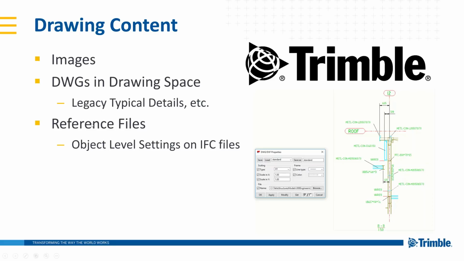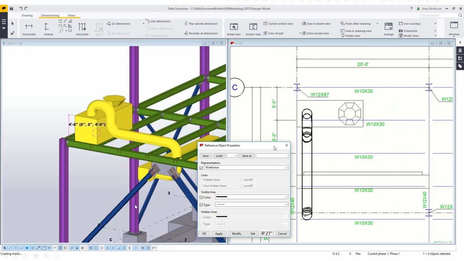All of those files can be brought into the Tekla Structures model environment, but they can also be shown on the drawings. I have an example shown here. This is a little bit of a duct, some equipment and some ductwork. I can turn these on in my Tekla Structures drawing, and I can see the box, the little equipment and the ducting going through here in the drawing, and I can affect how these look.